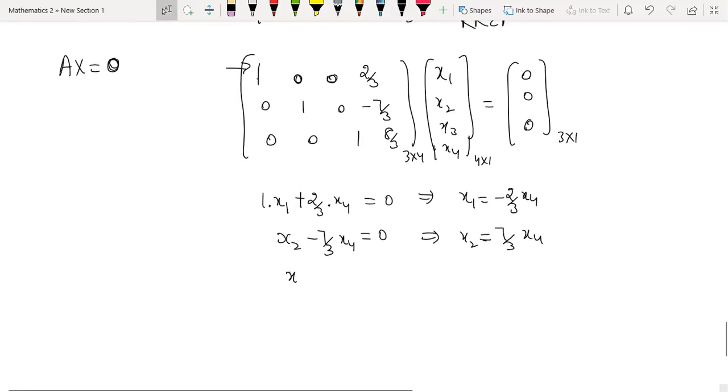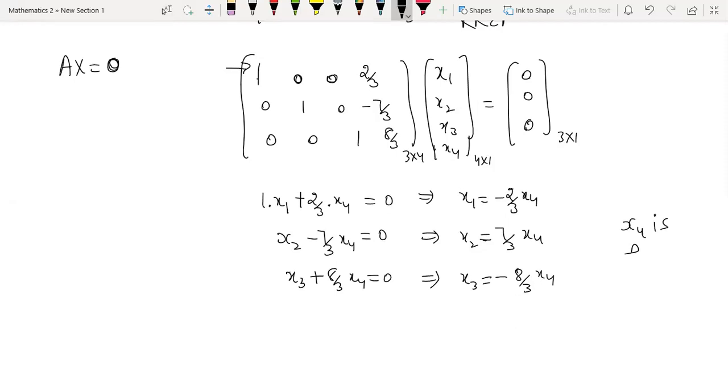The third equation is x3 plus 8 by 3 x4 is 0, so x3 is minus 8 by 3 x4. So basically you get every variable x1, x2, x3 in terms of x4. So there is no unique solution, because this x4 can have any value. Now x4 is your free variable.